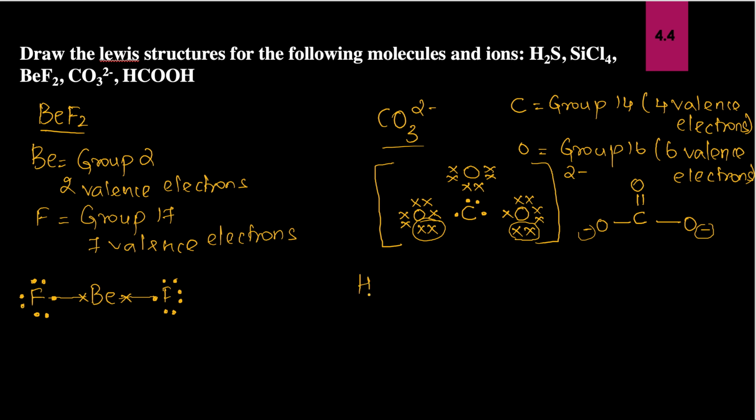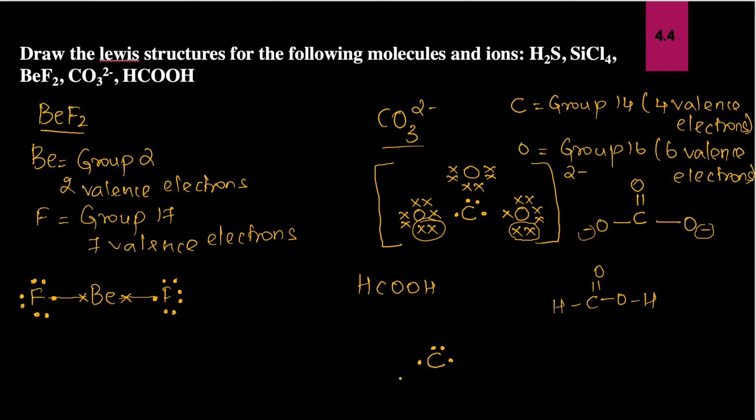And the last one is of course formic acid, HCOOH. Now this we know as a carboxylic group, so obviously the carboxylic group has to be like this. And carbon should have 4 bonds around itself, so you put the next hydrogen here. So when I draw this again, carbon should have 4 bonds around itself.